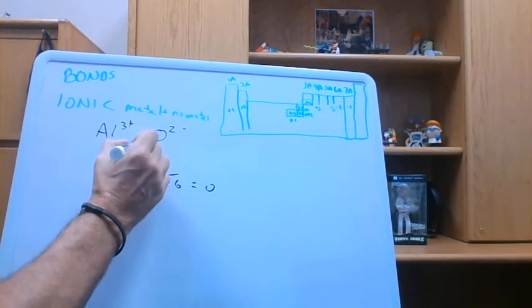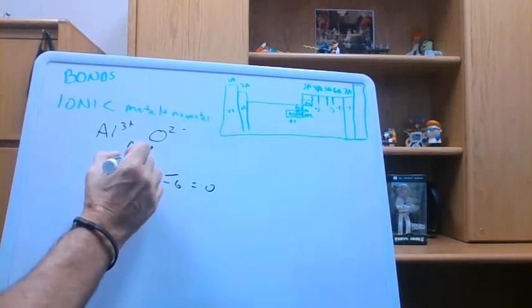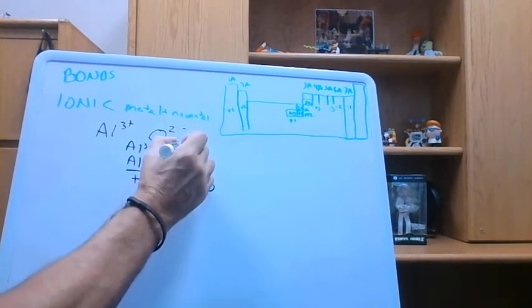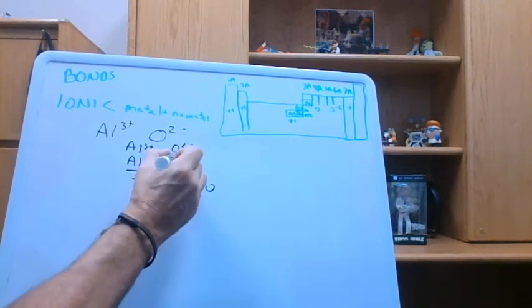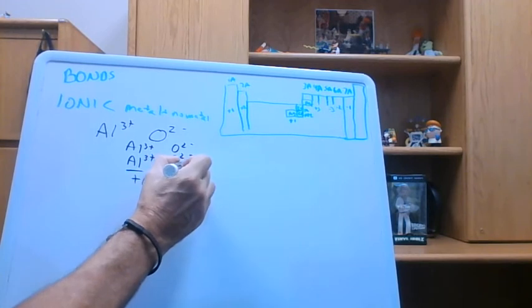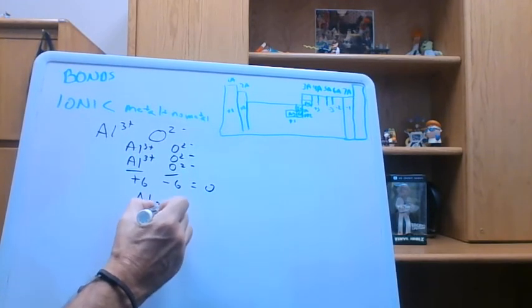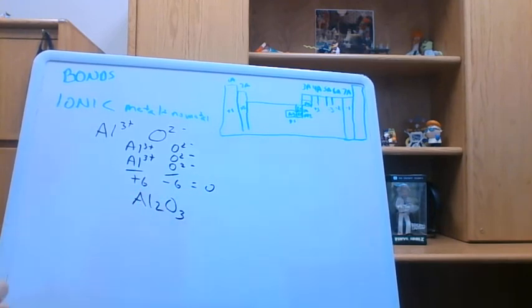And so if 1 aluminum brings us a 3+, to get to 6+, we need 2 aluminums. 1 oxygen brings us a 2-, to get to a 6-, we need 3 of those. So we need 2 aluminum and 3 oxygen, so we end up with Al2O3. So you come up with the same answer both ways you do it there.